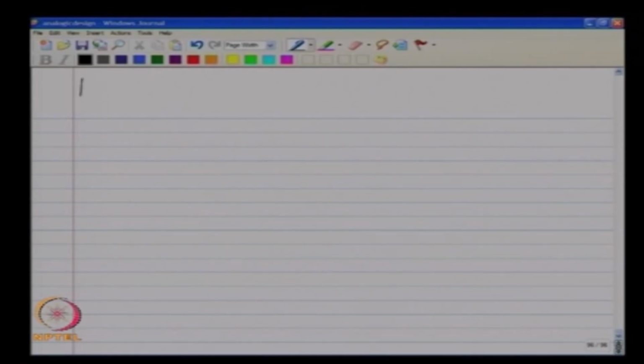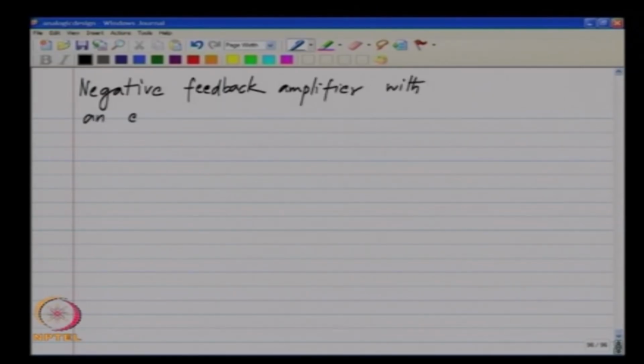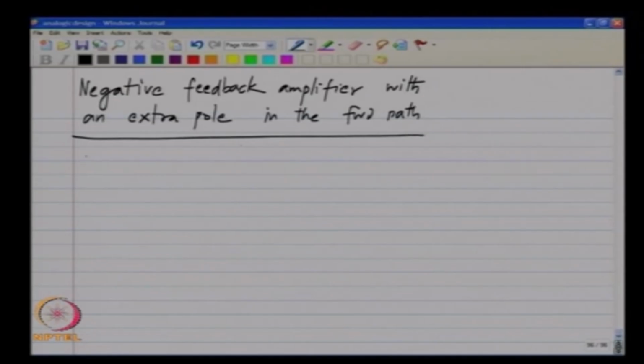So, a negative feedback amplifier with an extra pole in the forward path has a second order transfer function whose DC value is k, as you expect.